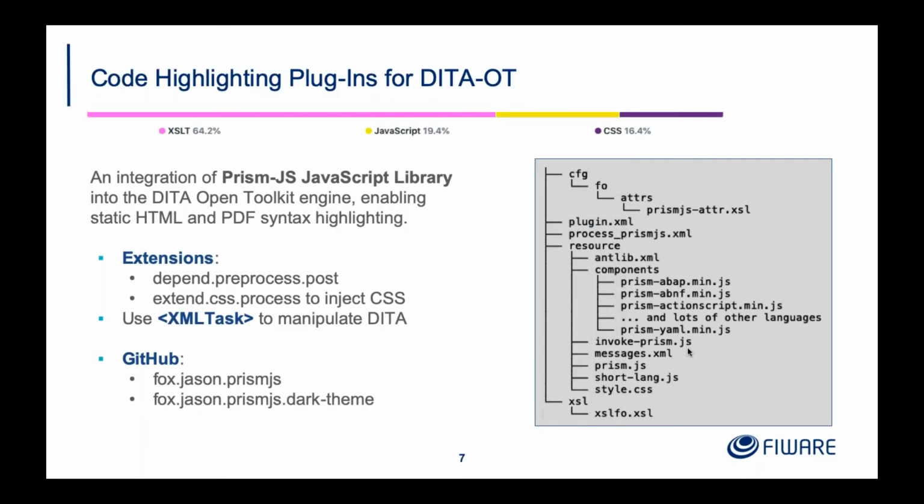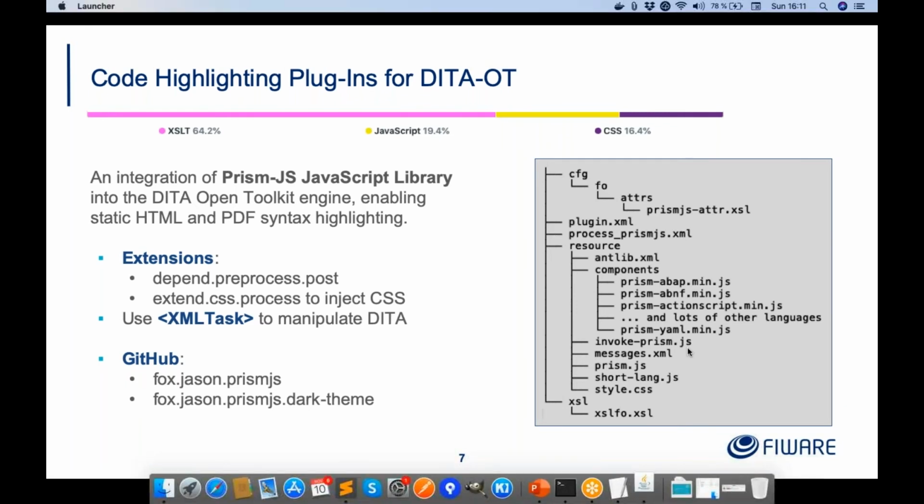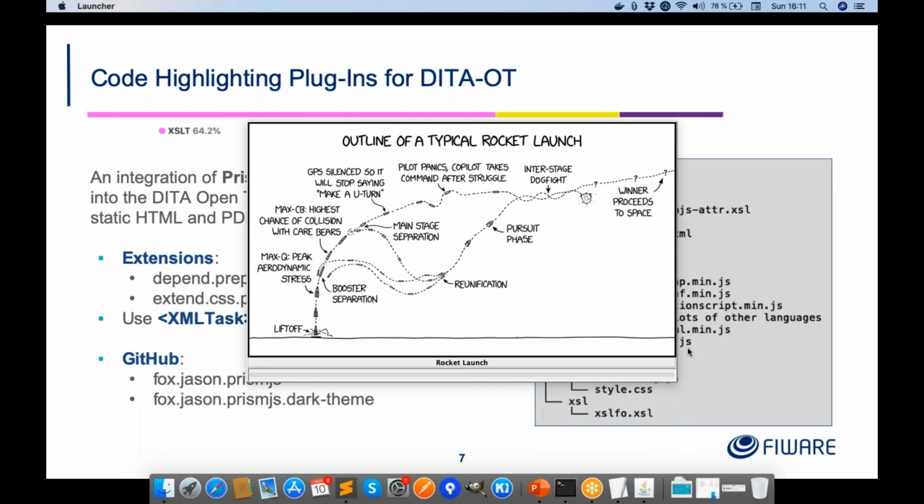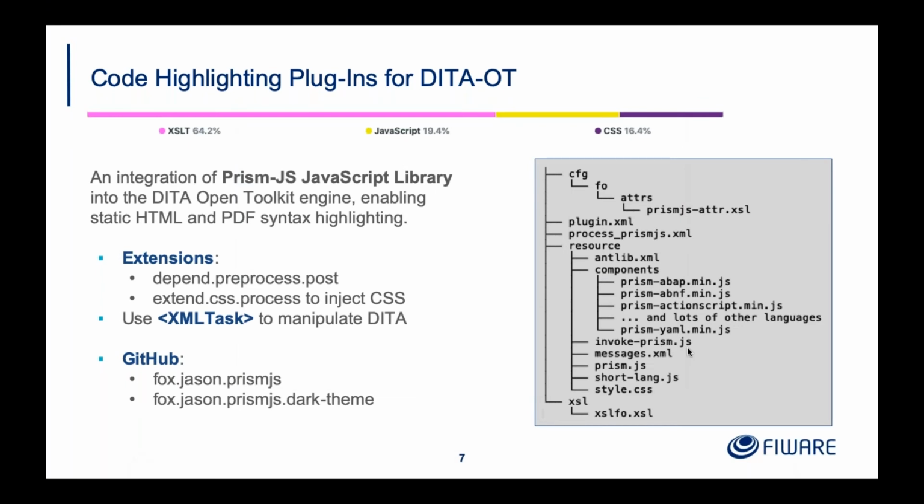So it uses the XML task. XML task is an ANT library which has another plugin. You can include it as a dependency, which means that you're able to look inside the actual XML of processed files. This particular plugin runs on the depend pre-process post part.